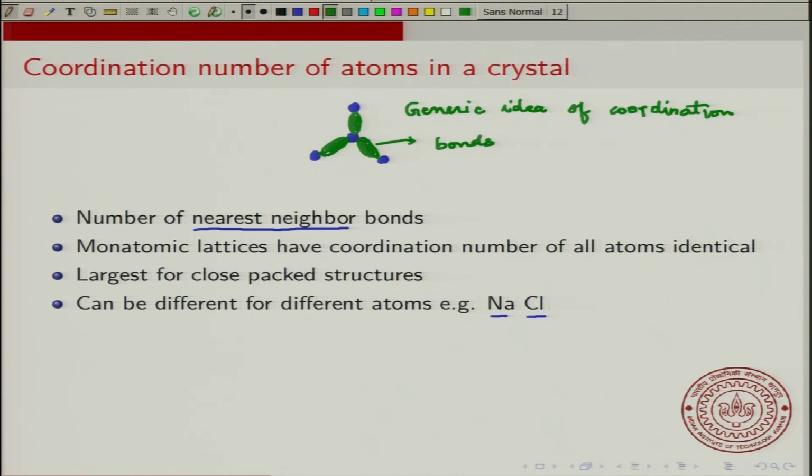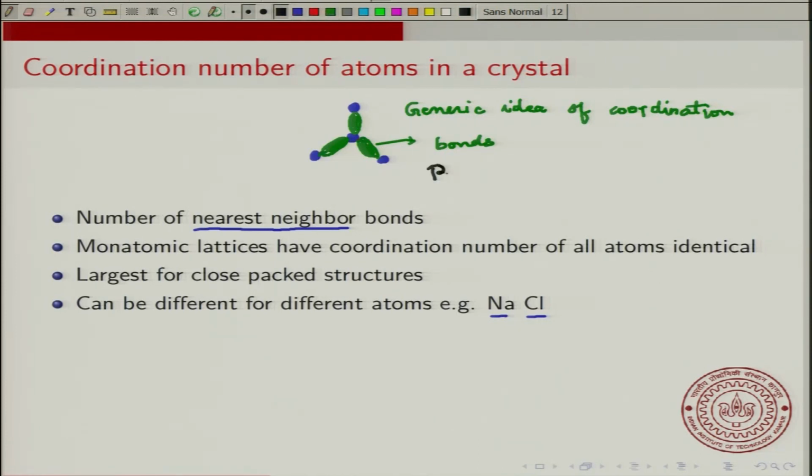So, you expect some sort of chemical bonds between atoms in a crystal, and so the coordination number is really a combination of the chemical bonding that these two atoms have and some size effects. Let me emphasize this point; it will become clear as we go along.